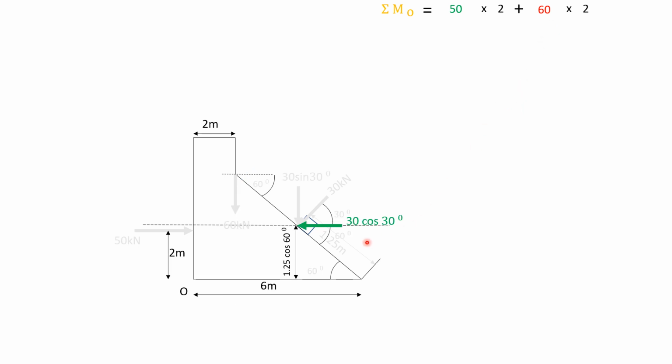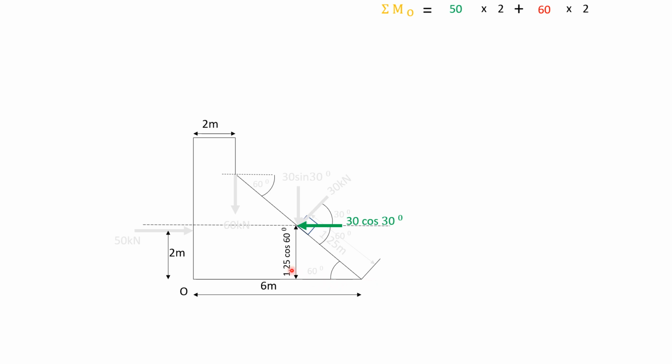Now for this force, we need perpendicular distance. This perpendicular distance will not be equal to 2. It is got by this 1.25 meter. So we have this angle as 60.